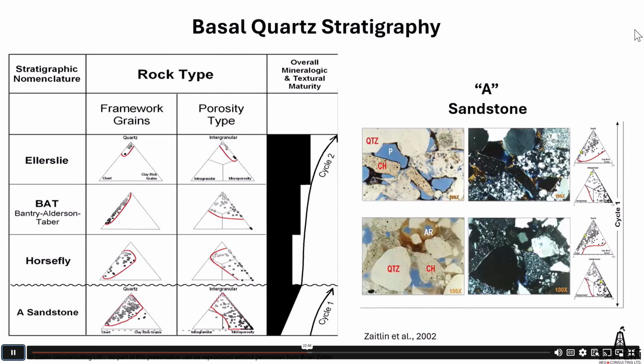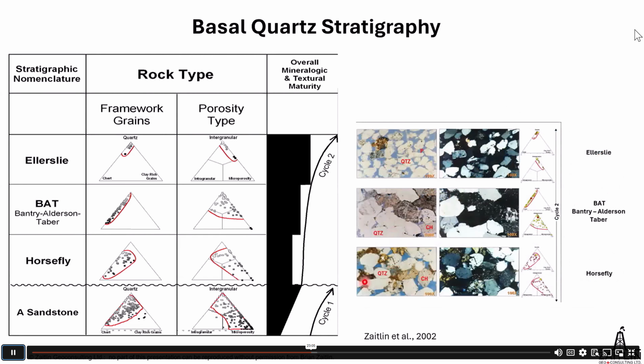You would get what we would call sucker sands when we would drill it, because the well logs would read it as ineffective porosity, but we thought it was real porosity. And so you'd have problems getting good permeability. You'd compare that to the cleaner units that were associated with the Horsefly, Bat, and the Ellerslie.